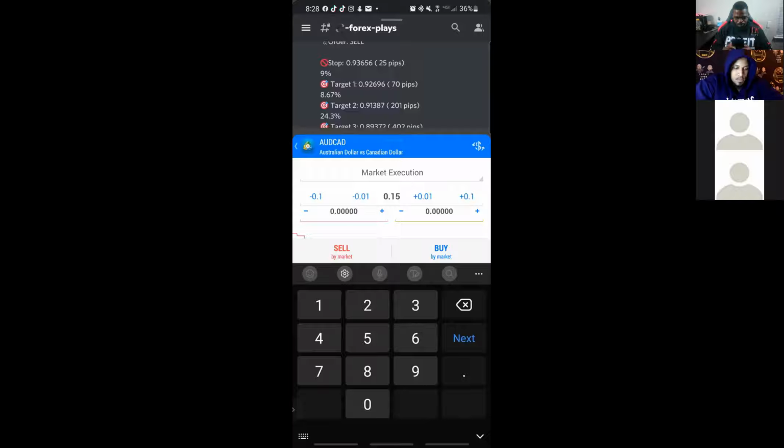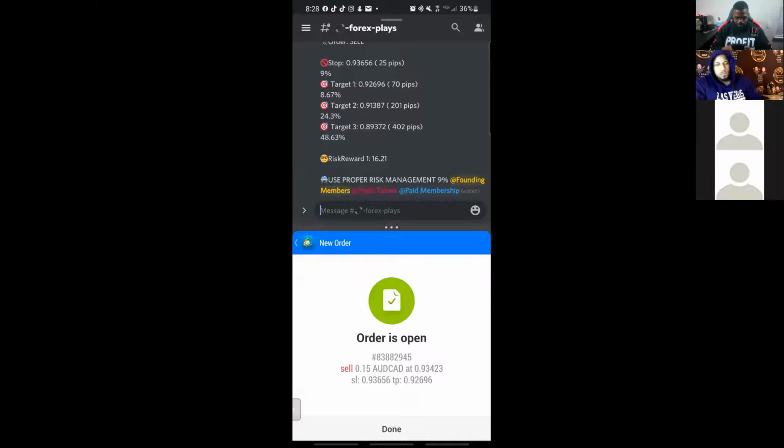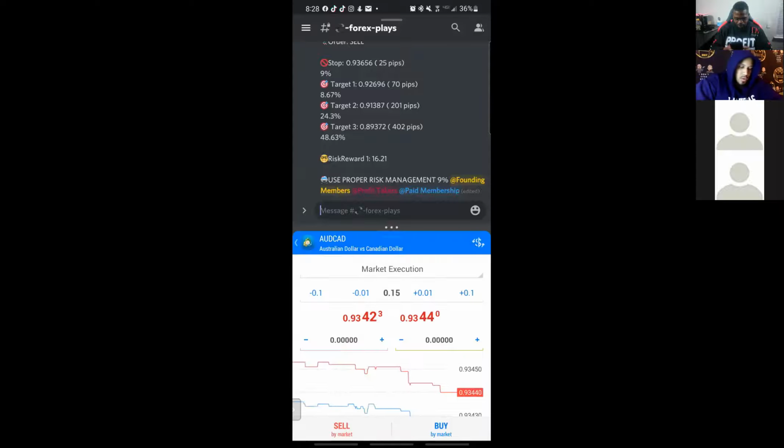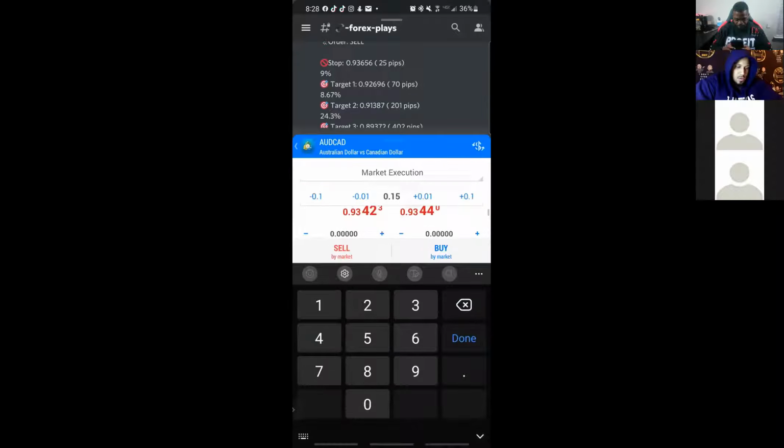Okay, so we got 0.93656 for our stop loss. For target 1, we got 0.92696. We hit sell. Let's go back to it, open it up. Now we're going to put in target 2 with the same stop loss, 0.93656.